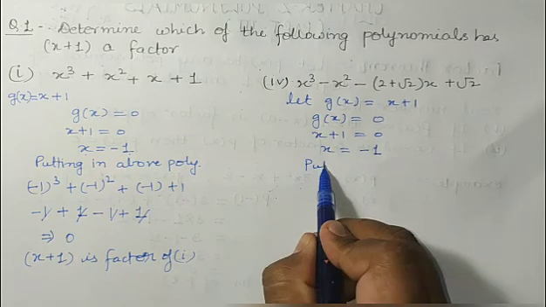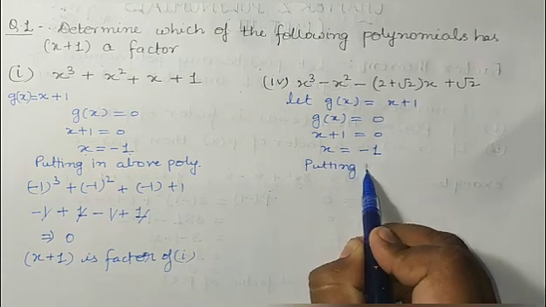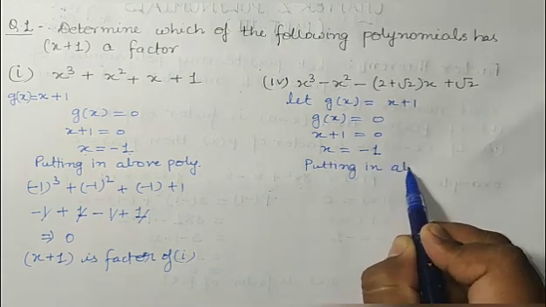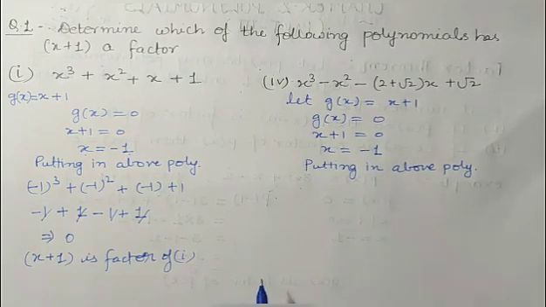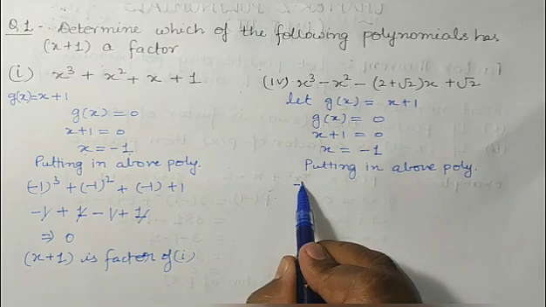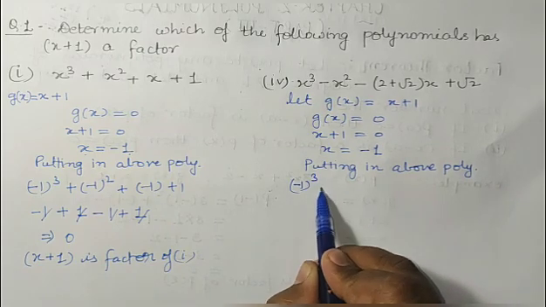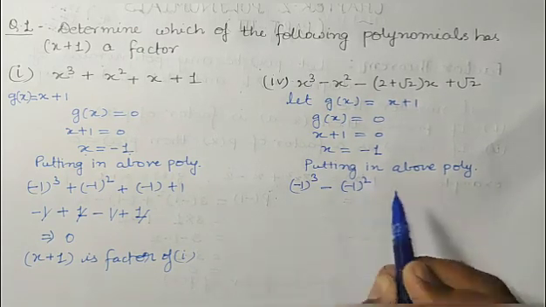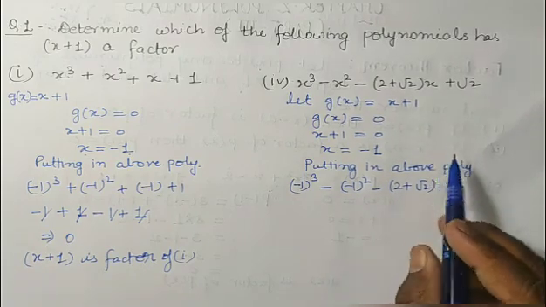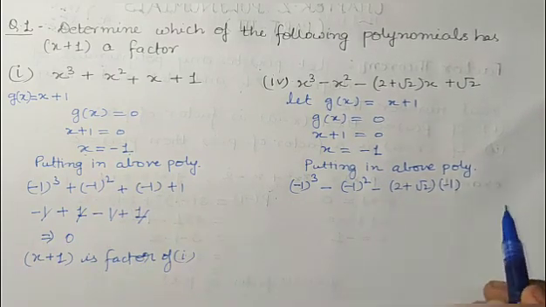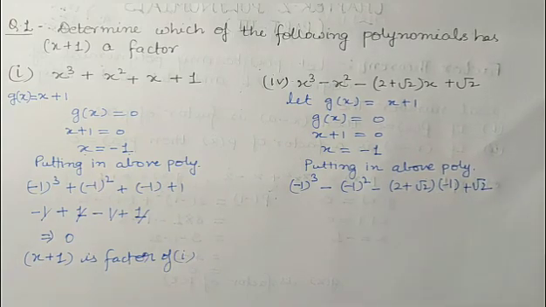Now you will put this value of x in the above polynomial. What you will get? At the place of x you will put minus 1, so minus 1 cube minus minus 1 square minus (2 plus under root 2) times x, so you will write minus 1 plus under root 2.